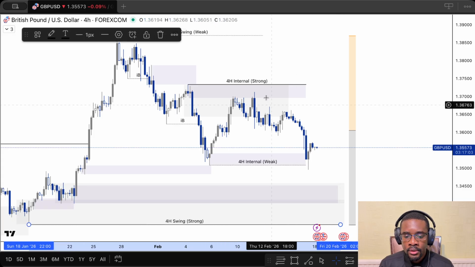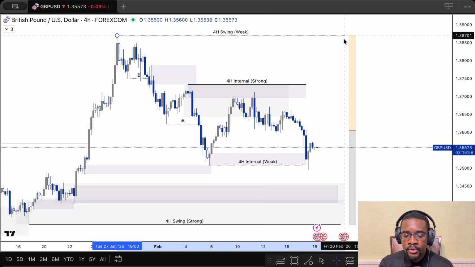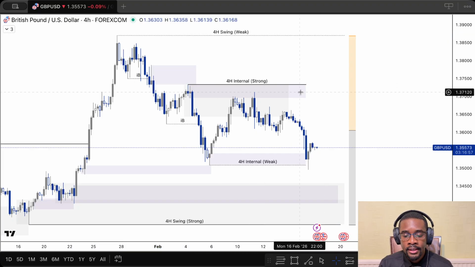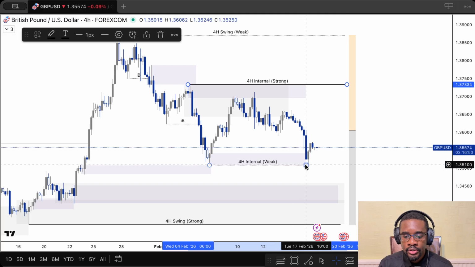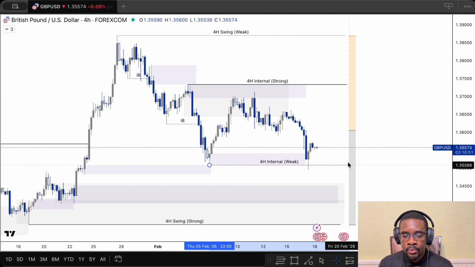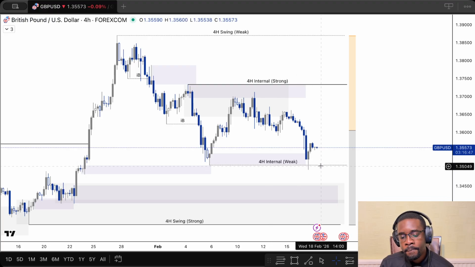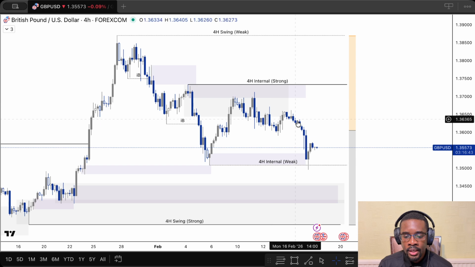So we are within this range. Our 4-hour swing is bullish, our internal is bearish. Now we have not broken structure to the downside, we only had a weak break, and then we've come back up.